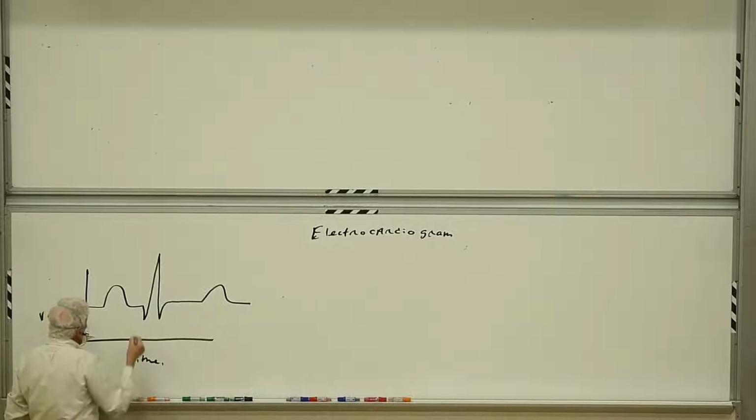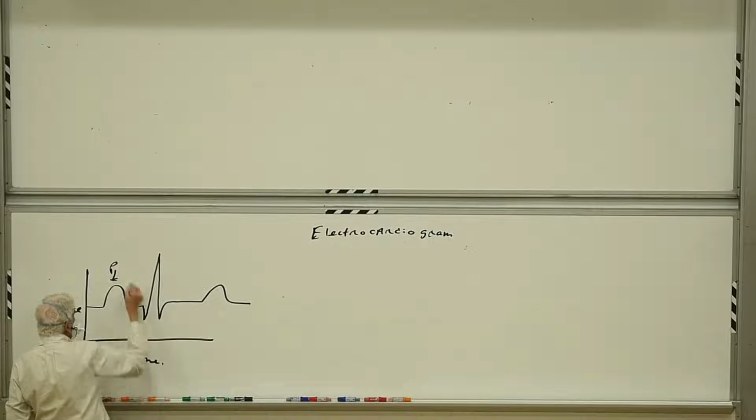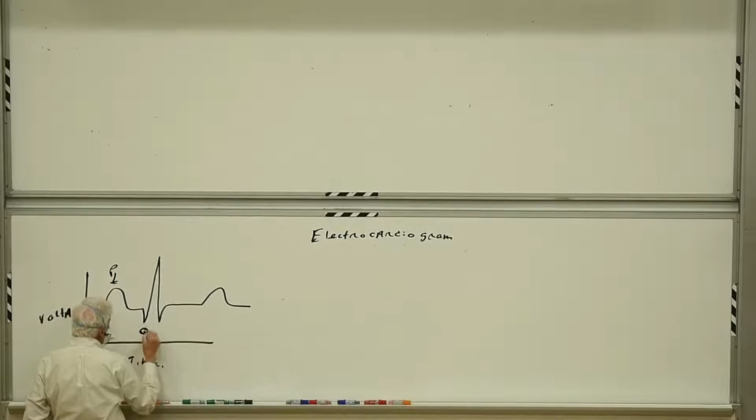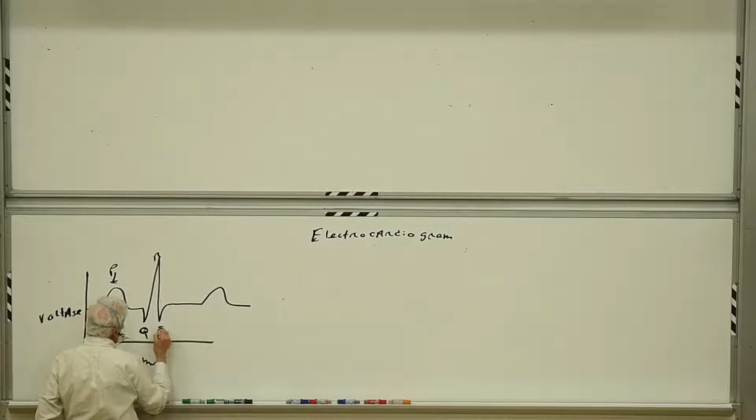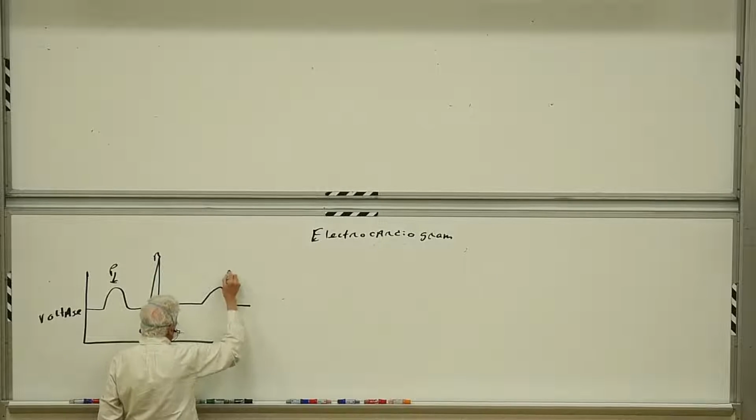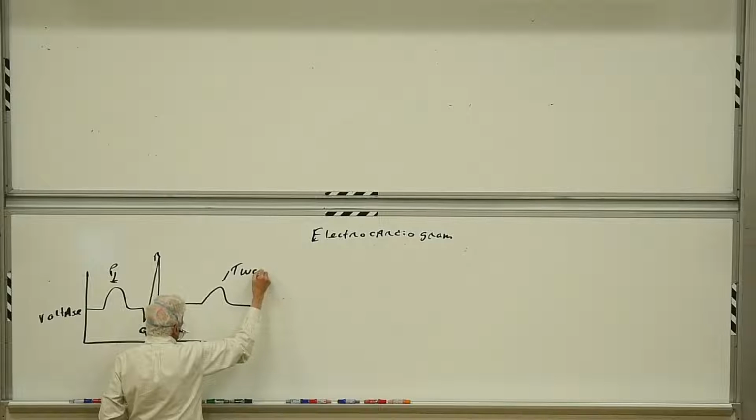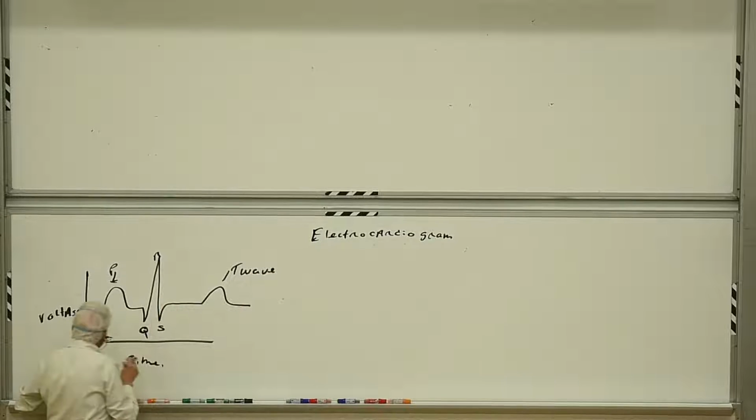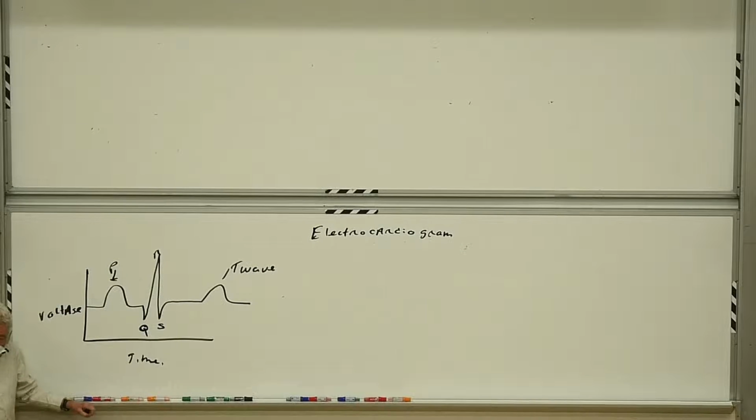As we mentioned yesterday, this is the P wave, this is the QRS complex, and this is the T wave. Well, what do these represent? They represent ion movements into and out of cardiomyocytes.